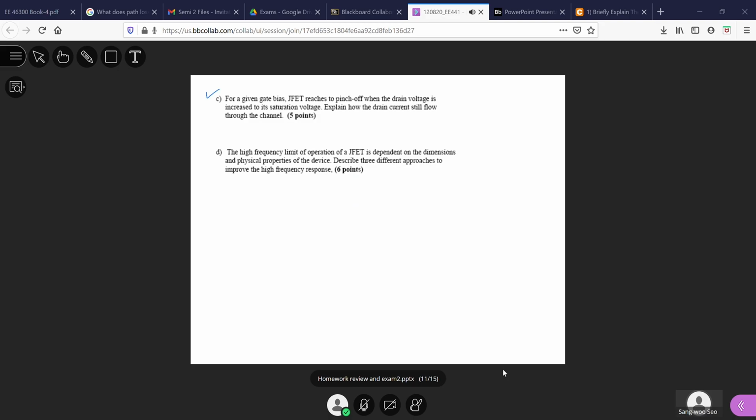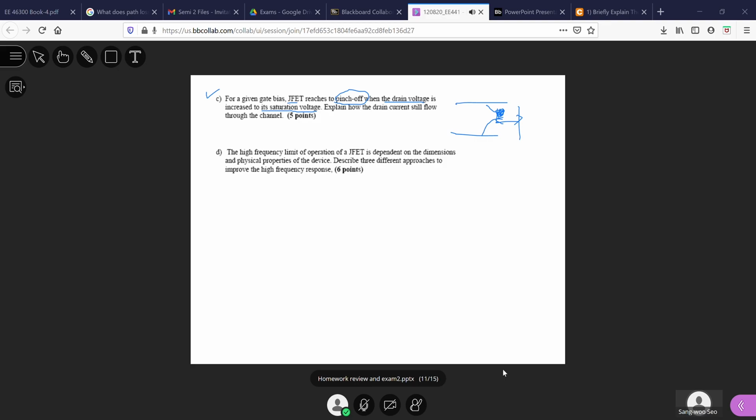And then question C, this is also a general question related to all FET devices. Once this JFET reaches the pinch-off, and the drain current has reached saturation, in the structure, as you can see, once the channel reaches the pinch-off, the channel effectively disappears in the drawing.